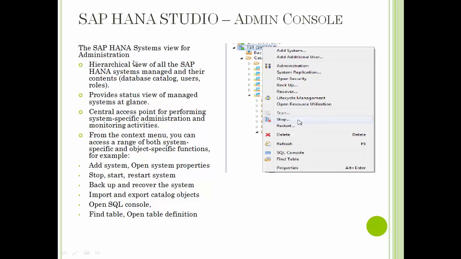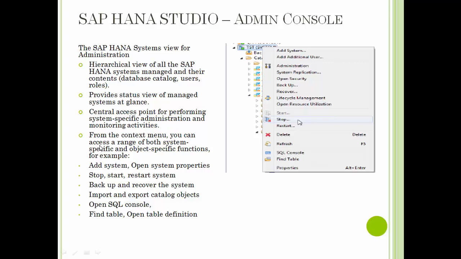And as explained, the systems view for administration shows different options. After you right click on the system, you have options for administration, system replication. You can open the security, go to backup and recovery, lifecycle management, stop, start, SQL console. So here we have some explanations: it provides a status view of managed systems at a glance, a central access point for performing system specific administration and monitoring activities.